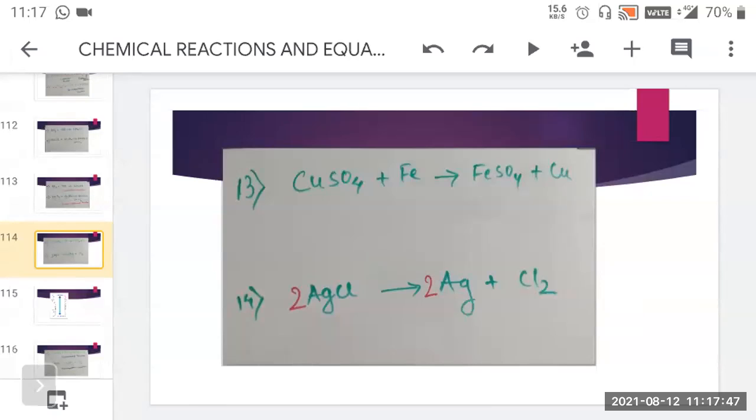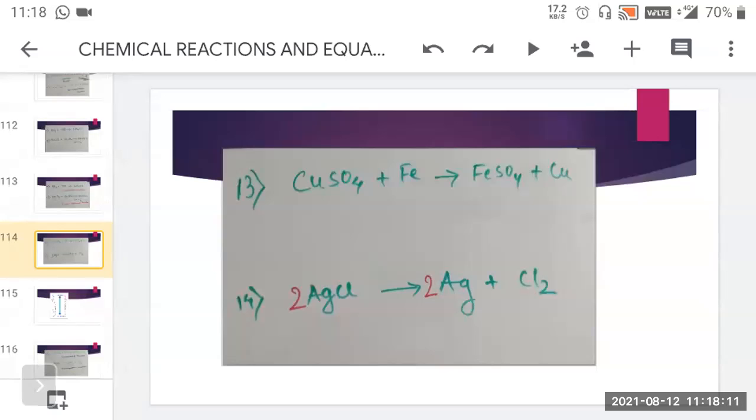So always remember that besides the criteria of one compound and one element being present, the second criterion is the reactivity series. If the reactivity of the element in the compound is lower, then only it will get replaced. If the reactivity is higher, then it will not be replaced.